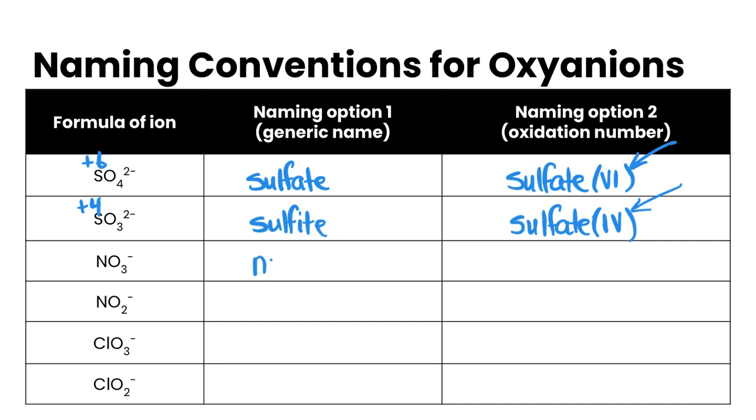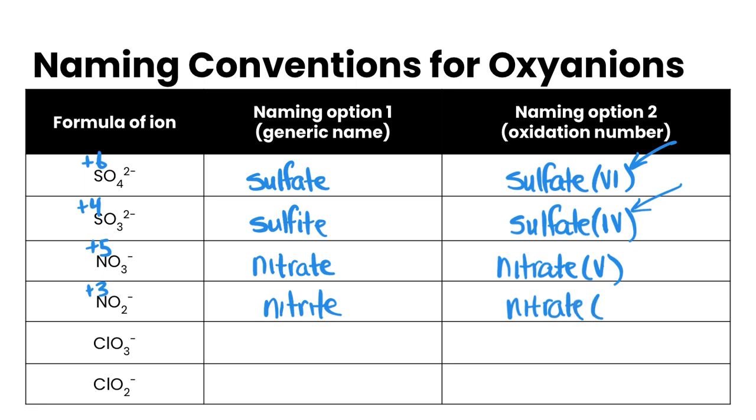So we could do the same for nitrate versus nitrite. And if we do oxidation numbers here, nitrogen's +5, and then this one, nitrogen's +3. So we could instead call these nitrate(V) and nitrate(III). So it's a little bit easier. You don't have to memorize the ates and the ites.